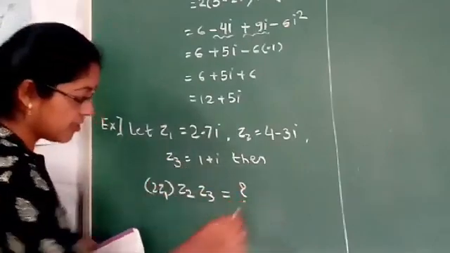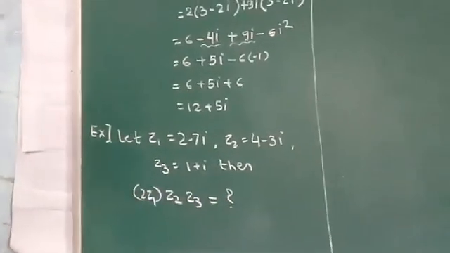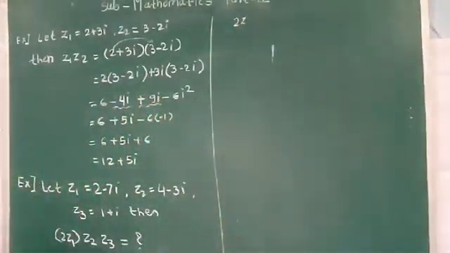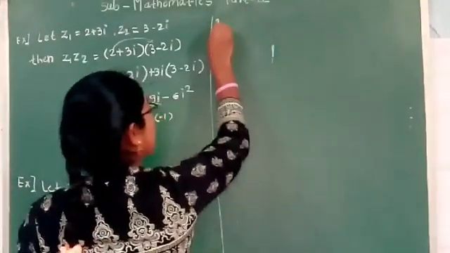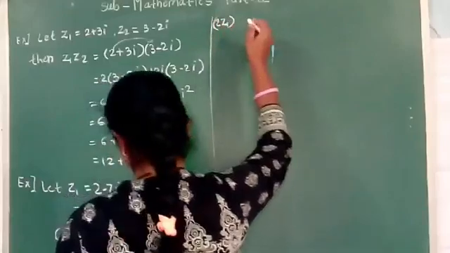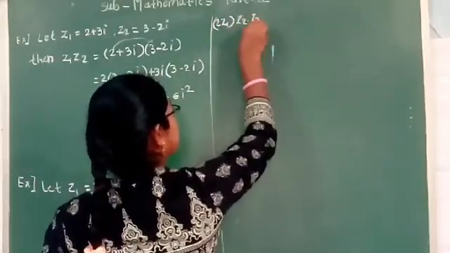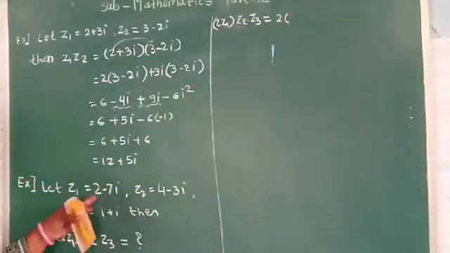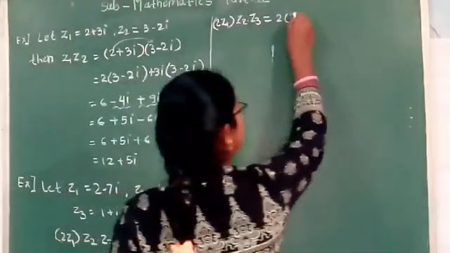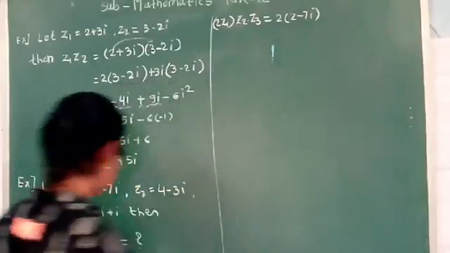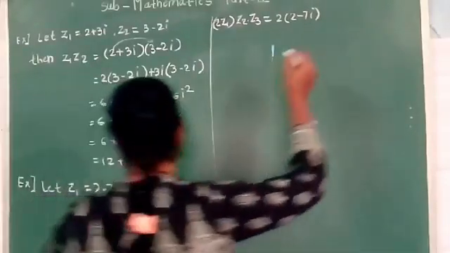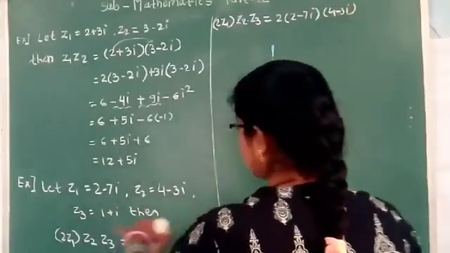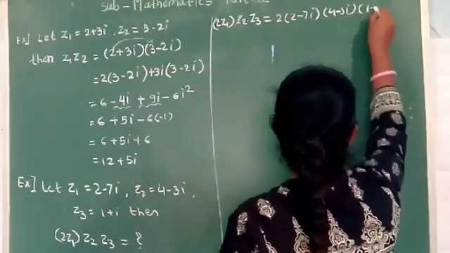So 2 z1 z2 z3 is equal to 2 into z1, which is 2 minus 7i, into z2, which is 4 minus 3i, and z3 is 1 plus i.